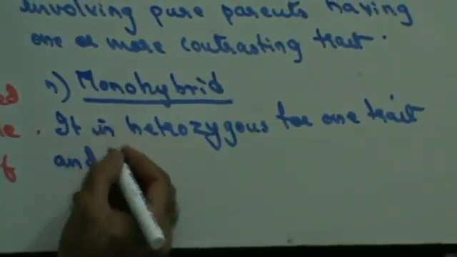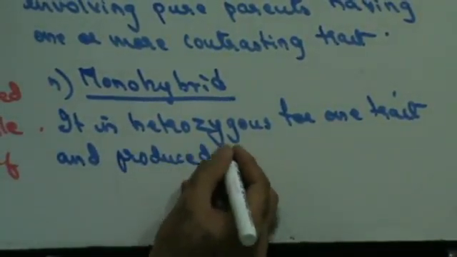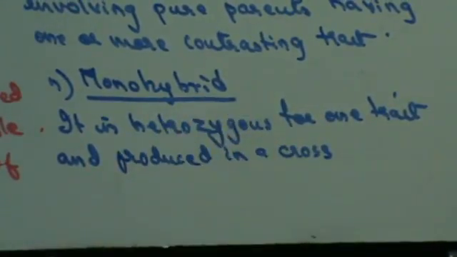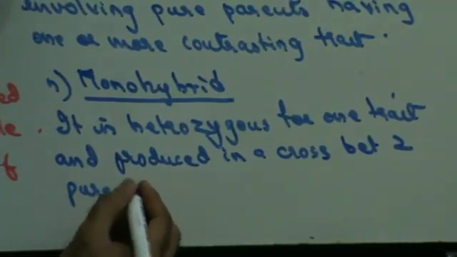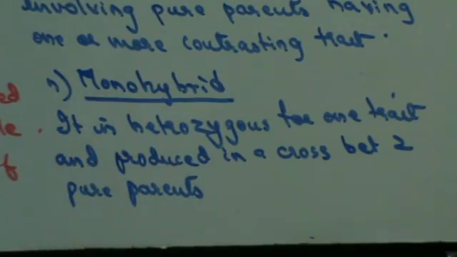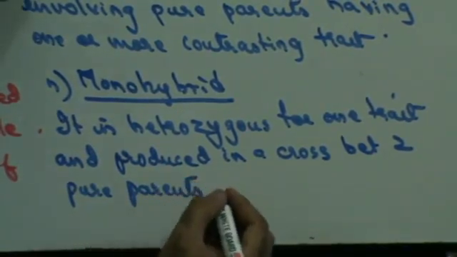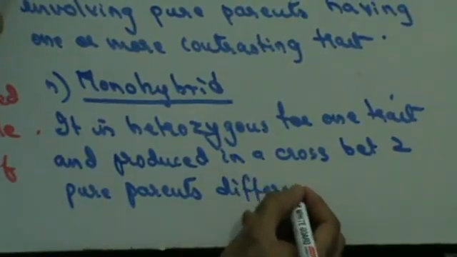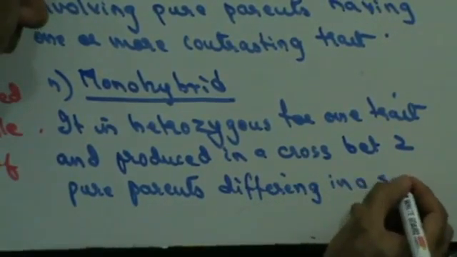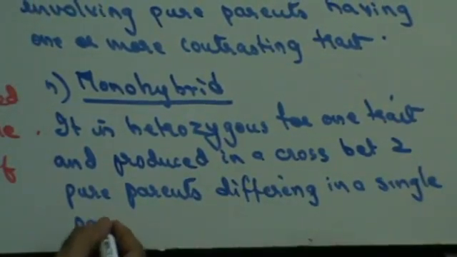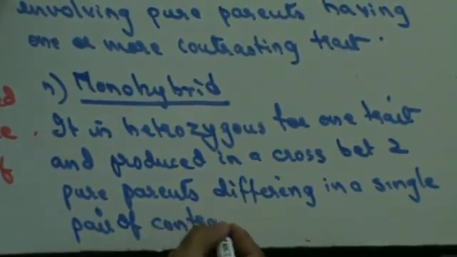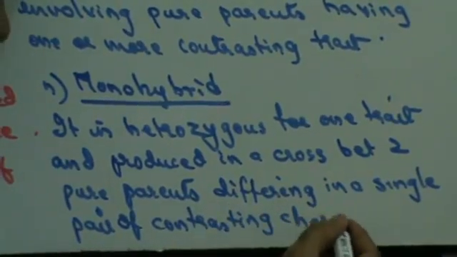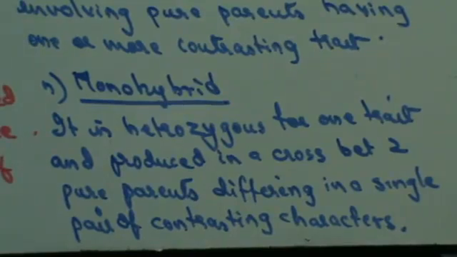So it is heterozygous for one trait and produced in a cross between two pure parents differing in a single pair of contrasting characters. That is monohybrid.